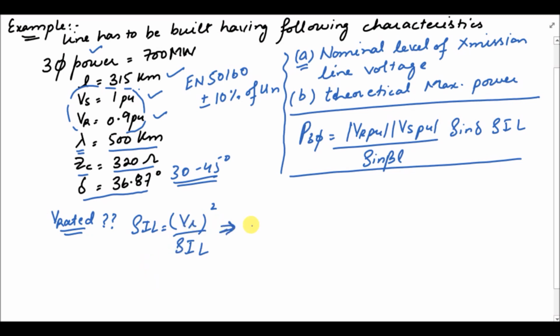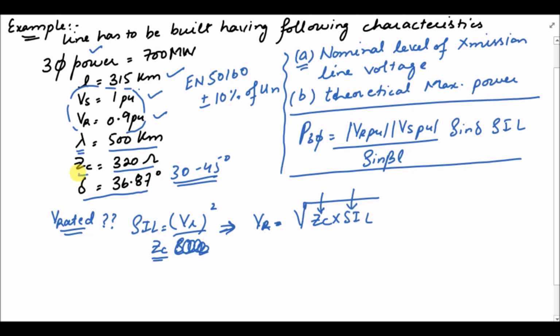So this will become V rated is equal to under root ZC into SIL. So this is surge impedance ZC, the characteristic impedance of a line when it is considered lossless. So the characteristic impedance of a lossless line is known as surge impedance. So this rated voltage has to be found, and we have to first calculate ZC and surge impedance loading.